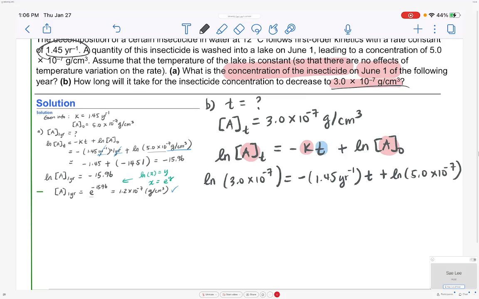Okay, so plug these values in your calculator.